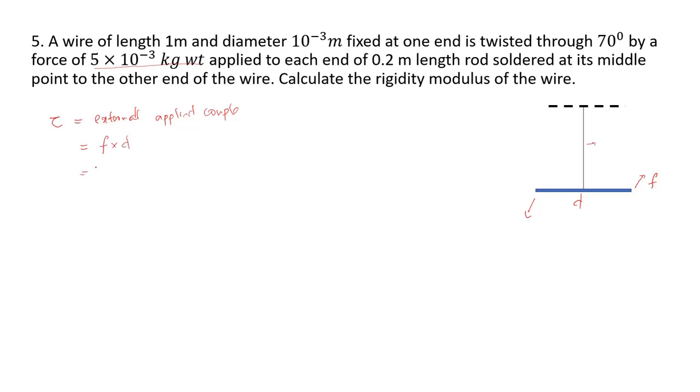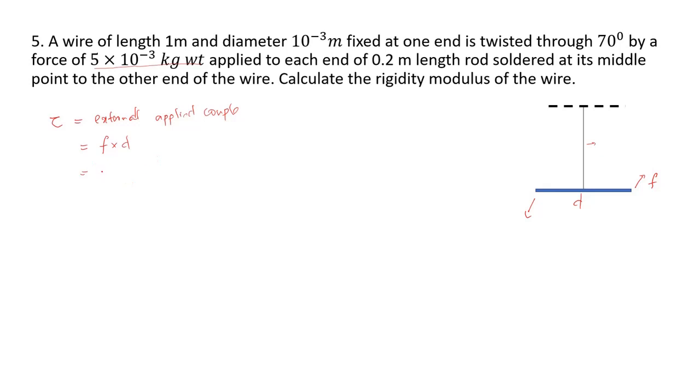Now, we know that force in SI unit is in Newton, but here the force is given in kilogram weight, not in Newton. So, we need to convert kilogram weight into Newton. To convert kilogram weight into Newton, just multiply it by 9.8, that is acceleration due to gravity.